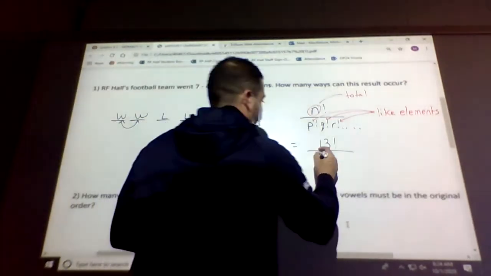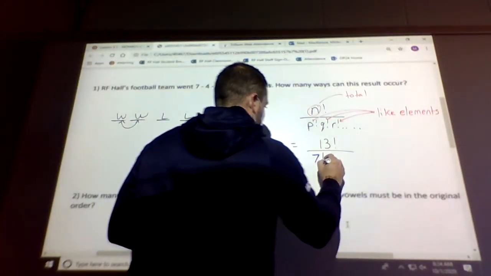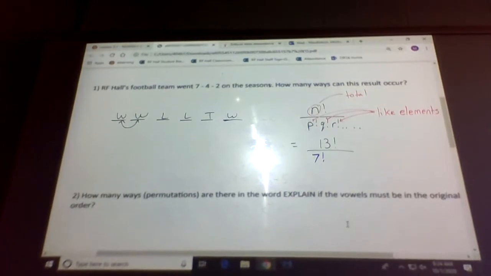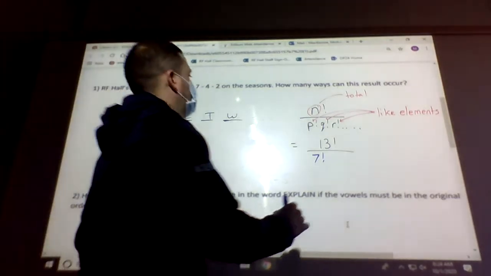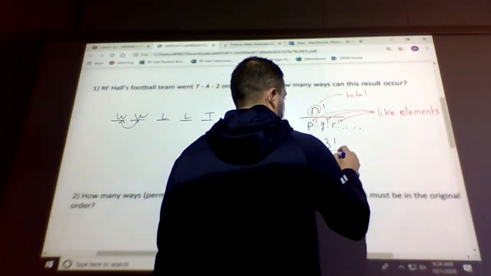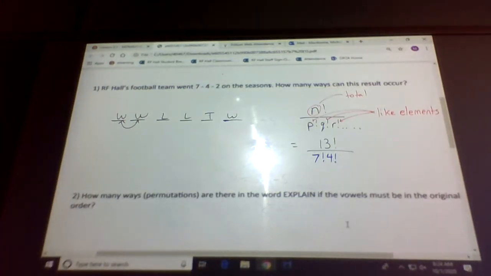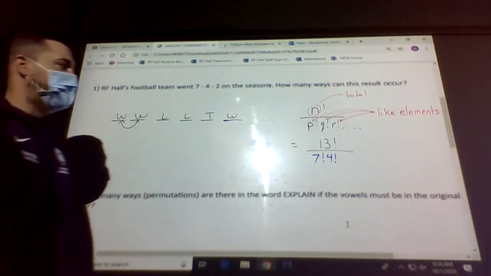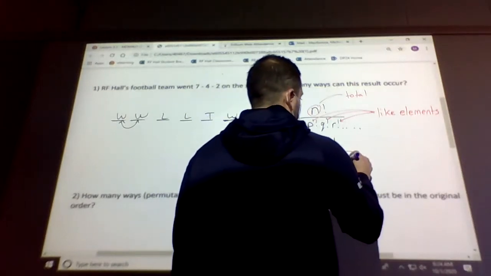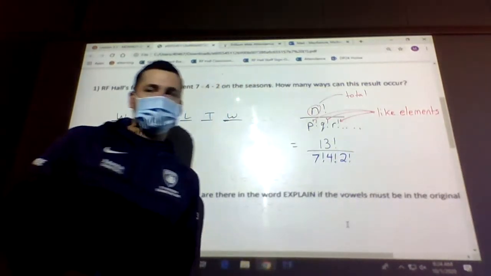So we're going to divide by 7 factorial, which represents the 7 wins. Then divide by 4 factorial, which represents the losses, and 2 factorial, which represents the ties.